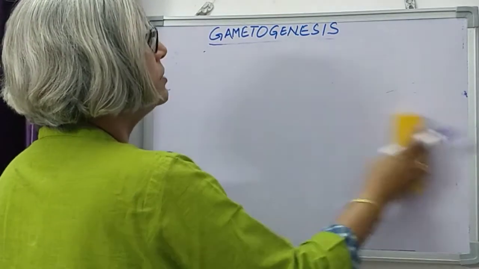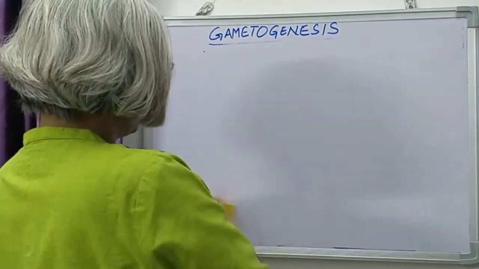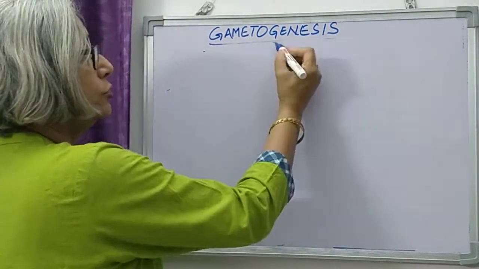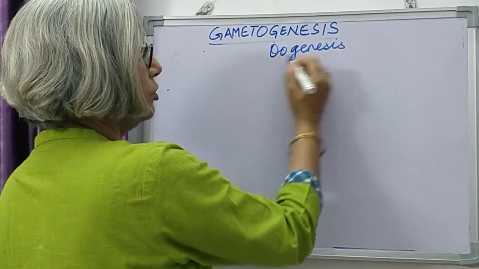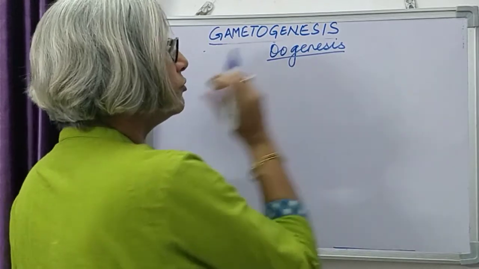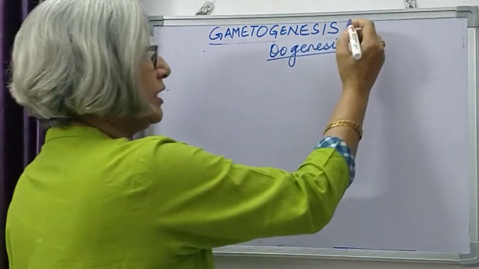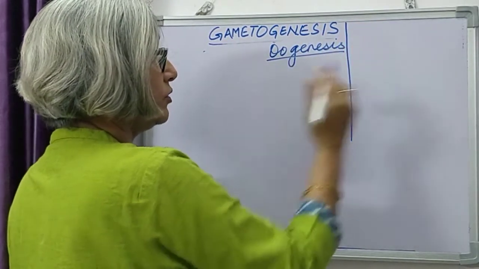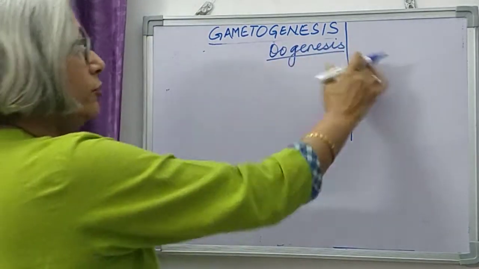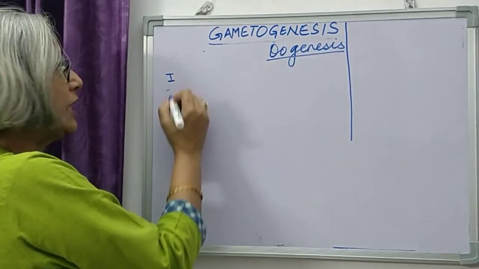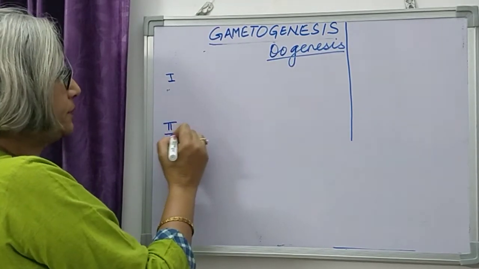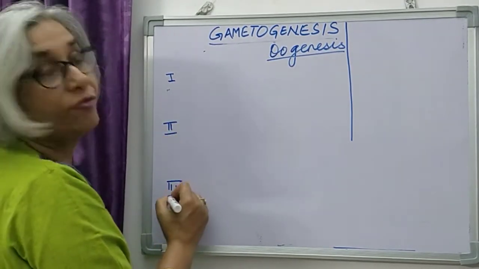As the term tells you, oogenesis is formation of ovum, and for this we will be needing the diagram of the structure of the ovary. But before I draw that, oogenesis also takes place in three main steps or phases.